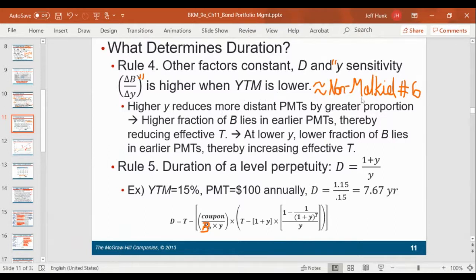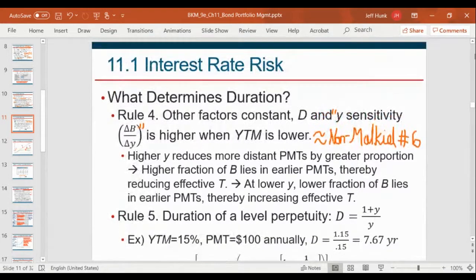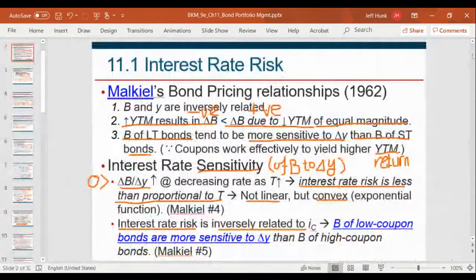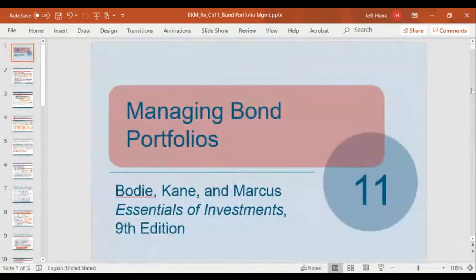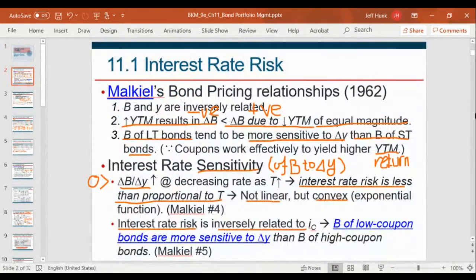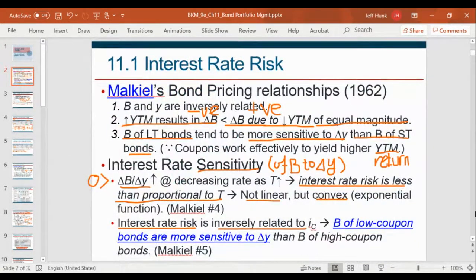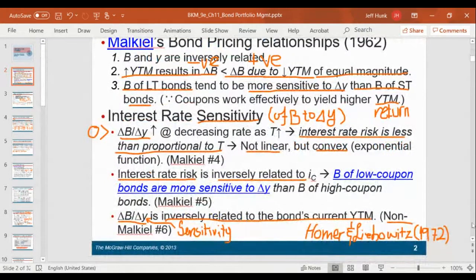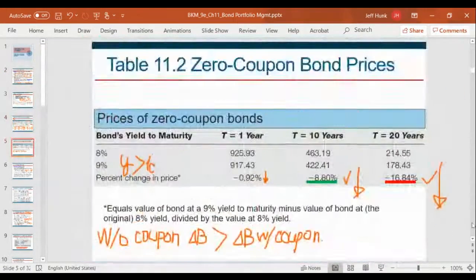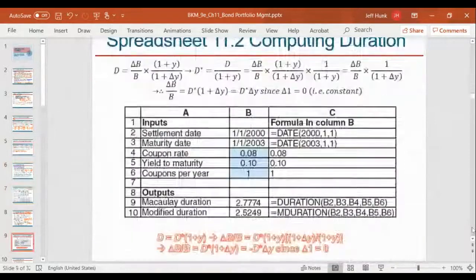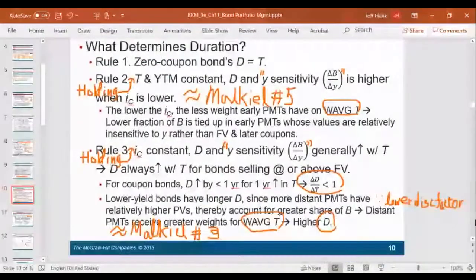This is roughly the same thing as Malkiel's theorem number 6, Homer and Liebowitz, right?